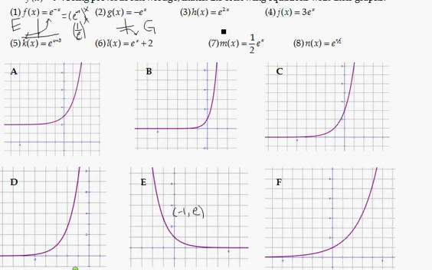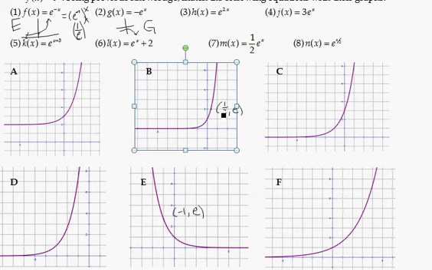And then we just continue through here. Now, e to the 2x. Again, I'm starting with my usual e to the x function, but multiplying by 2 inside the function is going to affect it horizontally, whether it's stretched or compressed. In fact, the 2 here is compressing it by a factor of 2. So instead of it passing through the point 1 comma e, notice that on graph B, it's at the point 1/2 comma e.